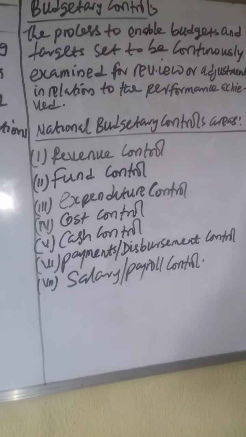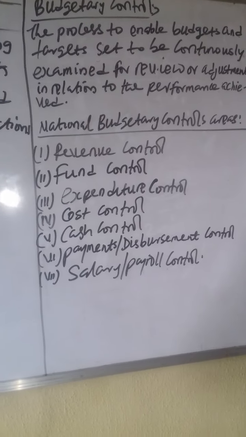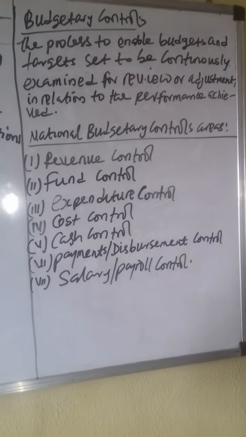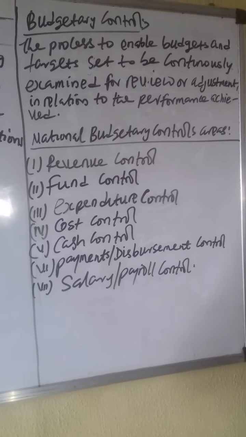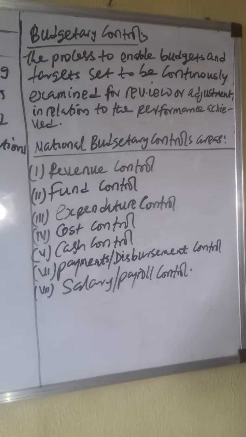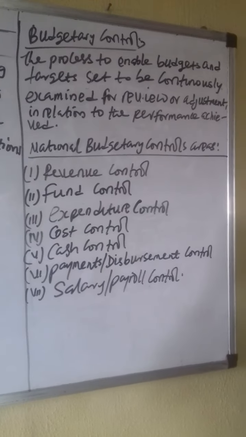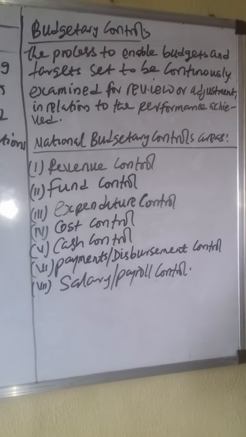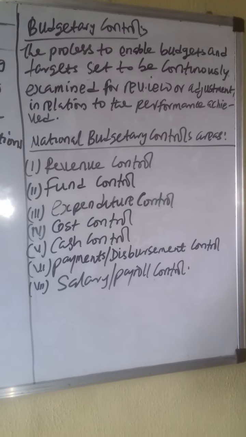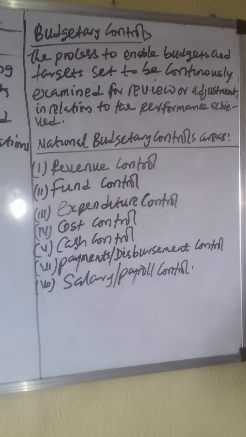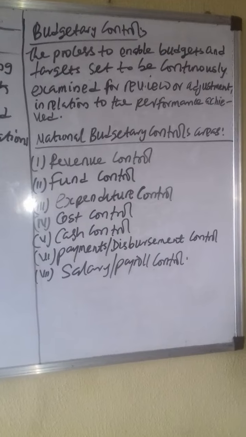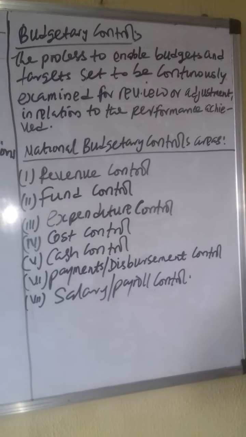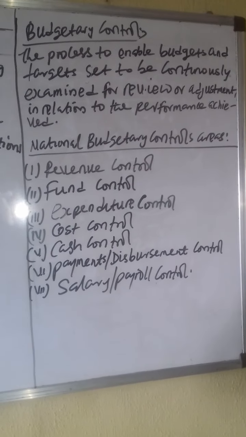Now, if funds are not controlled, someone can transfer money from the development fund, which is meant for long-term projects in the nation, to recurrent expenditure, and that becomes a waste. So we are saying there should be fund control as part of the budgetary system of the government.